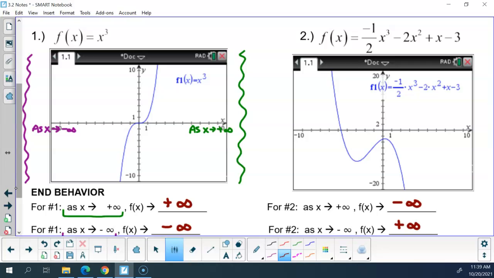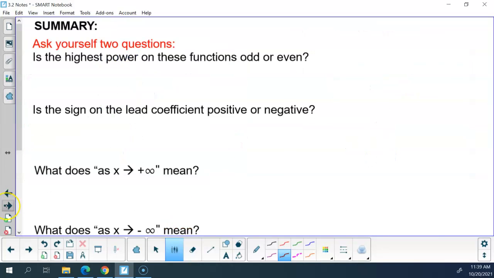Yeah, the right side. So, the first question you're going to ask yourself is, because you don't need the graph to figure out end behavior: is the highest power on these functions odd or even?